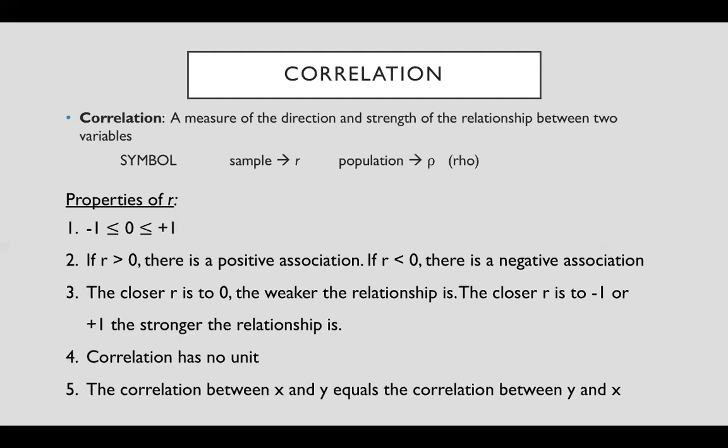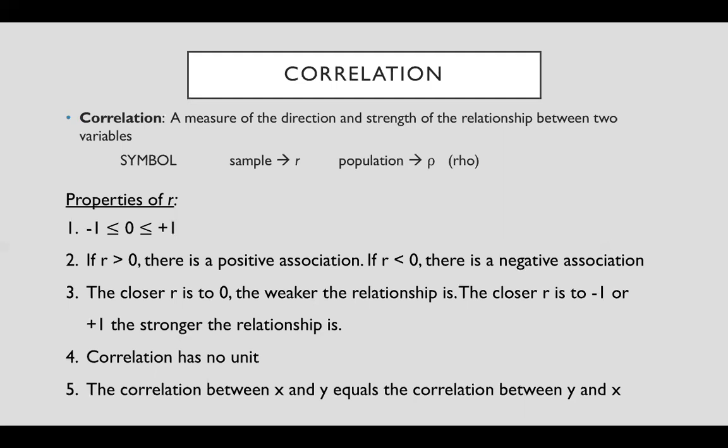So just some things to know about correlation at the bottom here. Your correlation will range from -1 to +1. If your correlation is greater than 0, that means you have a positive association. If your correlation is less than 0, that means you have a negative association. The closer your correlation is to 0, the weaker your relationship is.